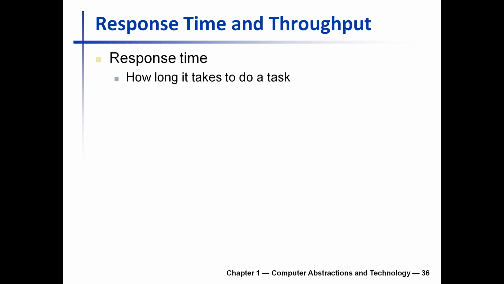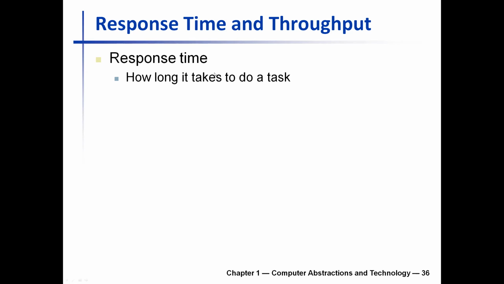So with that in mind, we come up with two definitions for performance, which are again related to each other. The first one is response time. Response time is how long it takes to complete a task, how long it takes to complete a program, right? Task here is again a slightly vague term. A task could be a program, part of a program like a loop operation, let's say, or an instruction itself, right?